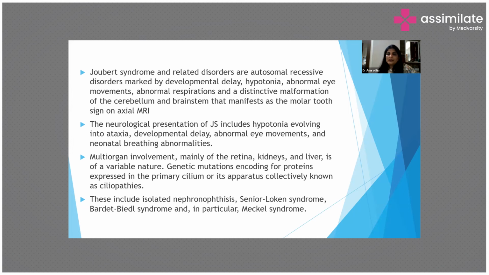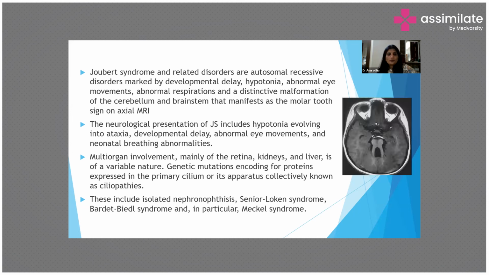Multi-organ involvement of the kidney, liver, retina is present many times. Then genetic mutations for various proteins are present in Joubert syndrome. These include nephronophthisis, Senior-Loken syndrome, Bardet-Biedl syndrome, and Meckel syndrome. So this is a scan where you can see the molar tooth appearance.